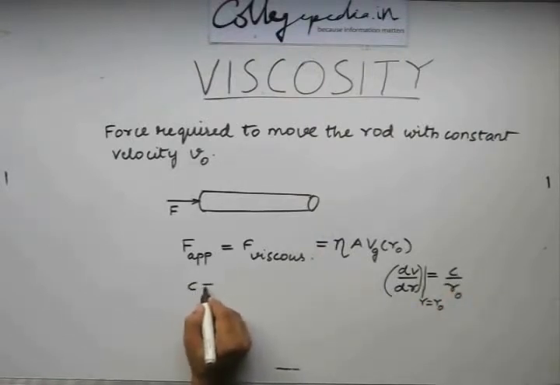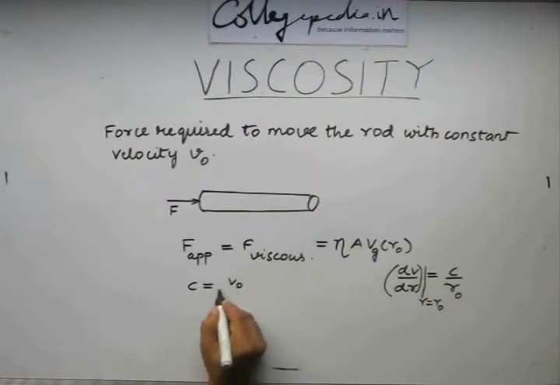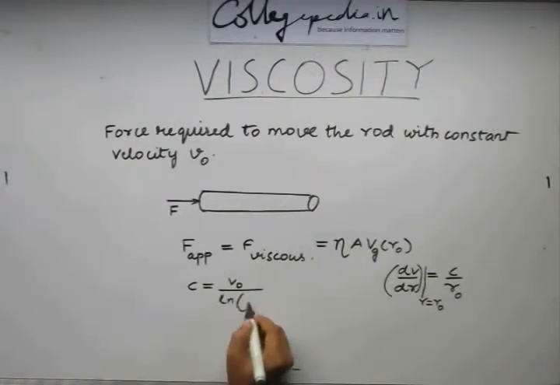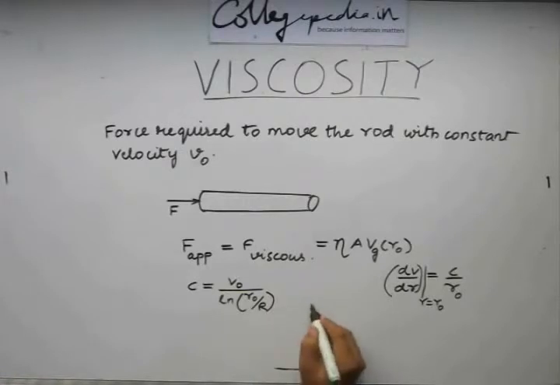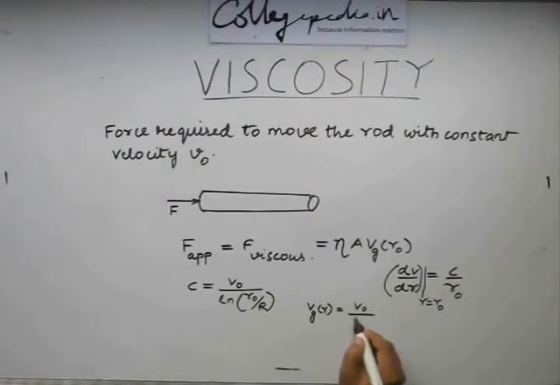C was found to be v naught divided by ln r naught by r. We replace it simply here. So what we get is the velocity gradient at r0 being equal to v naught by ln r naught by r times r naught.